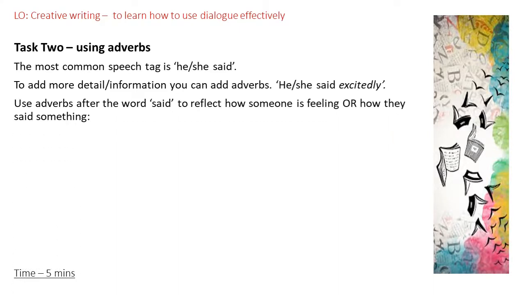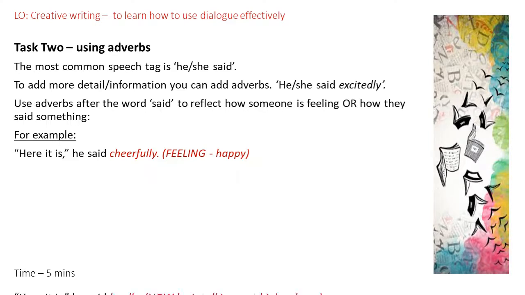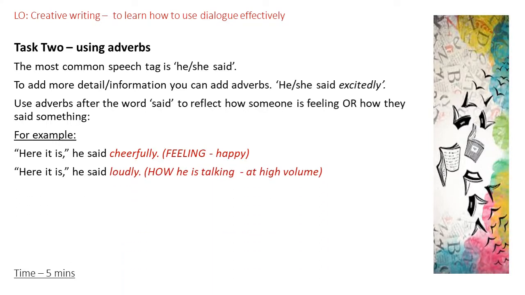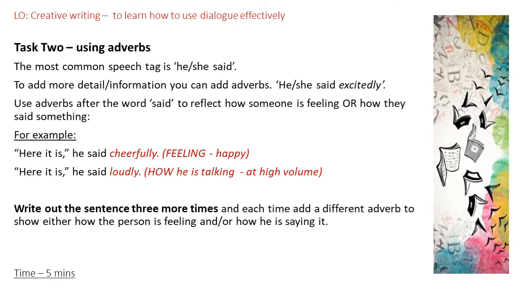Use adverbs after the word said to reflect how someone is feeling or how they said something. For example, here it is, he said cheerfully, indicates a feeling of happiness. Here it is, he said loudly, indicates how he is talking, i.e. at a high volume.